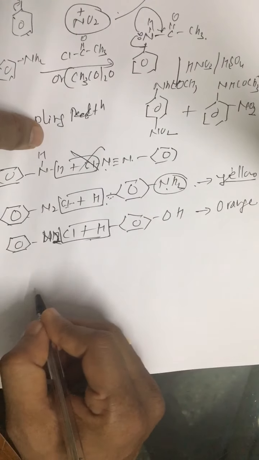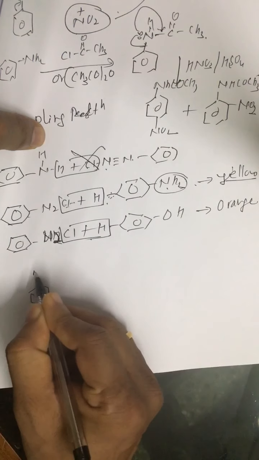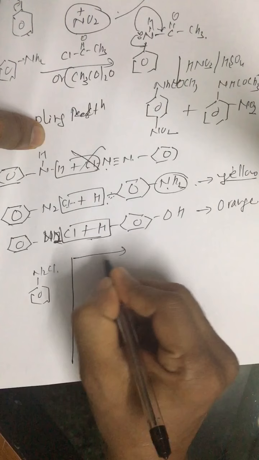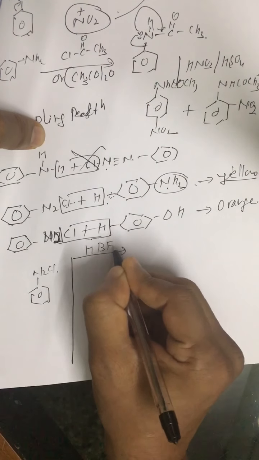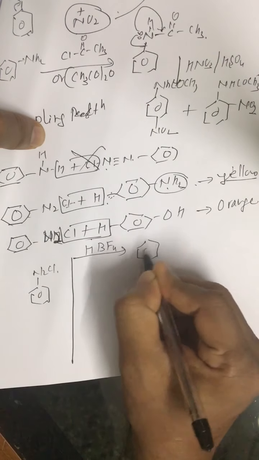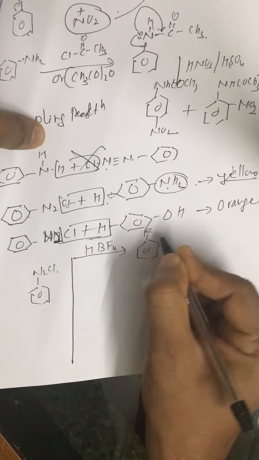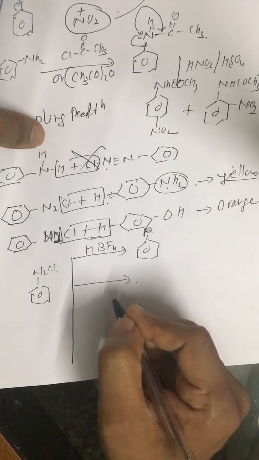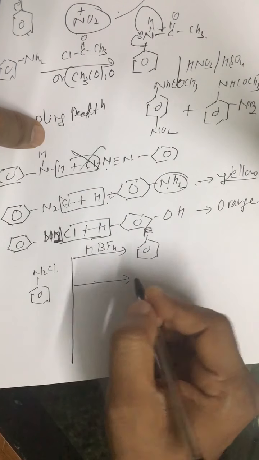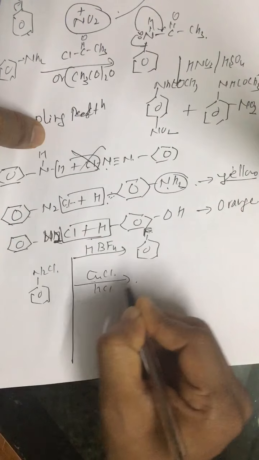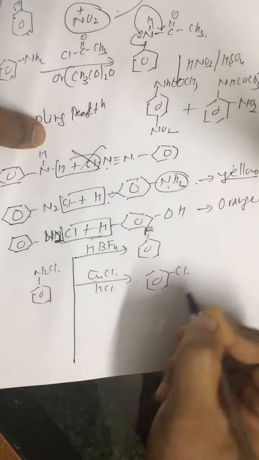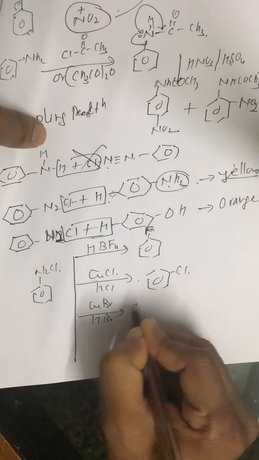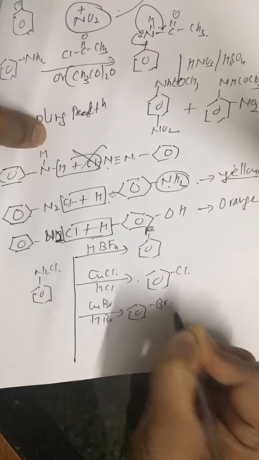And then we have some reactions of benzene diazonium chloride, C6H5N2Cl. With HBF4 we get fluorobenzene. This is called the Balz-Schiemann reaction. With CuCl and HCl we get chlorobenzene, and with CuBr and HBr we get bromobenzene.